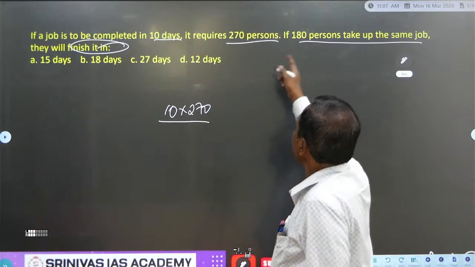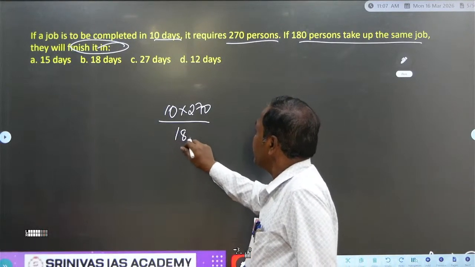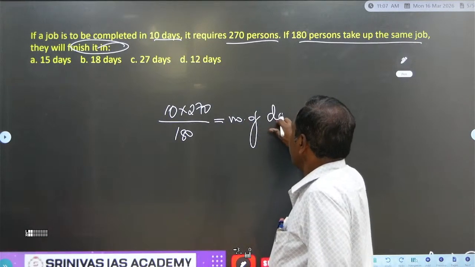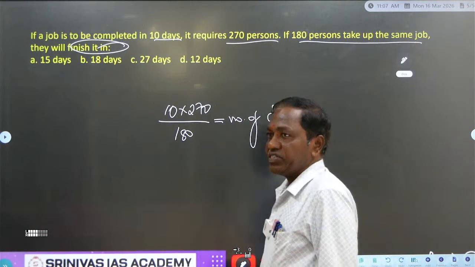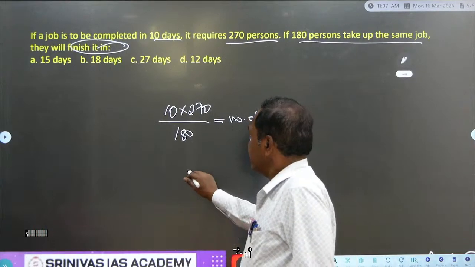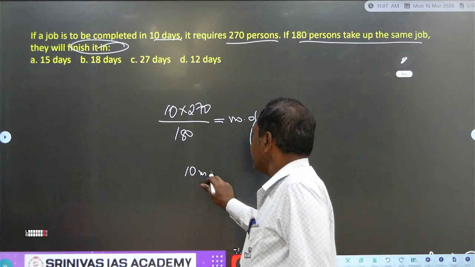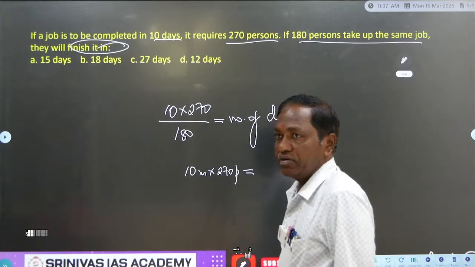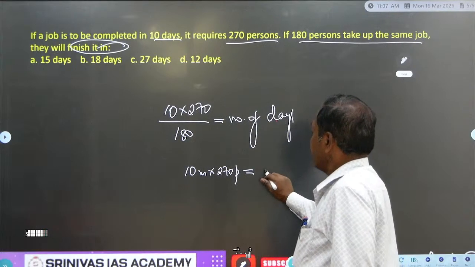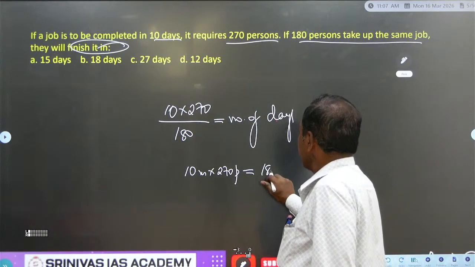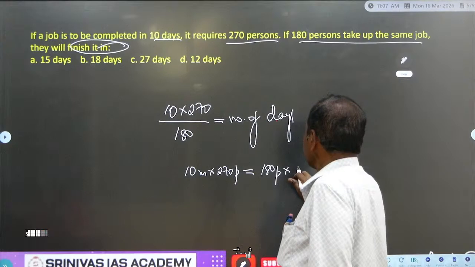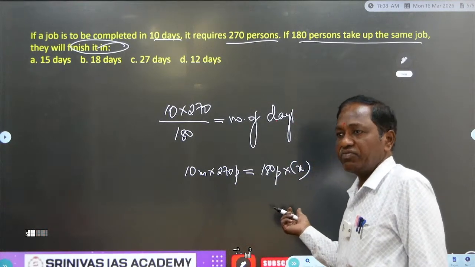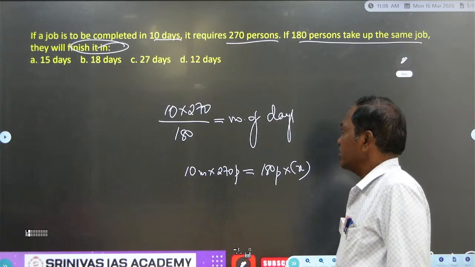The same job finished by 180 persons, you will get the number of days. If you want to write the equation, how do you write it? 10 days into 270 persons equals 180 persons into x. You write the equation accordingly.